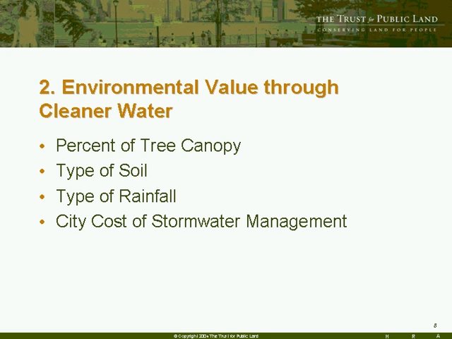for the city. And then second, we looked at the environmental value through cleaner water and the retention of stormwater by parks and trees. And basically, we looked at two things for this. Number one is the trees that are holding back and retaining water that falls. And then second, after the water falls from the trees, or the trees become saturated, there's the ground, the actual parkland that is holding back water as well.